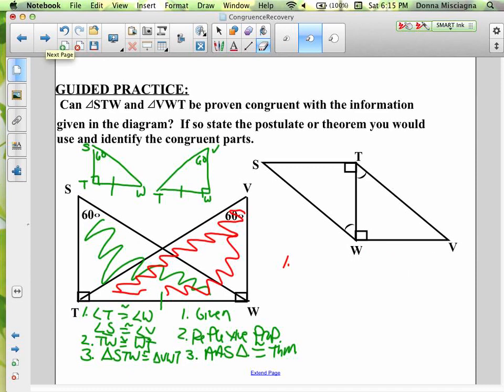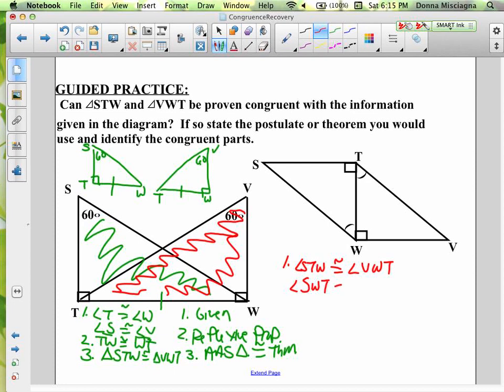But this time we are. All right, so angle, let's call it angle STW, right, is congruent to angle VWT, and angle SWT is congruent to angle VTW.